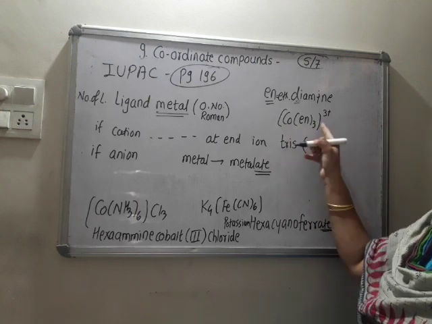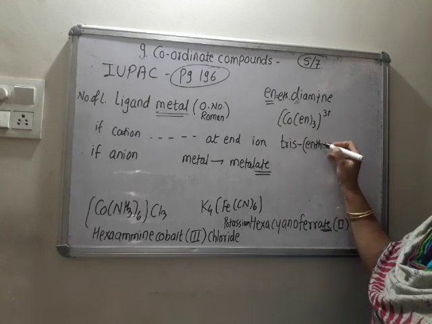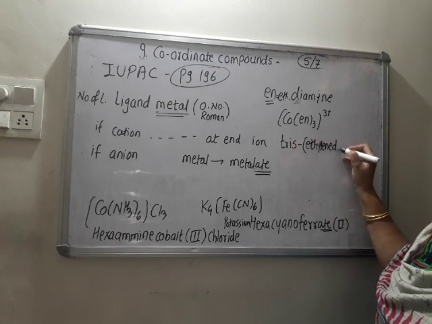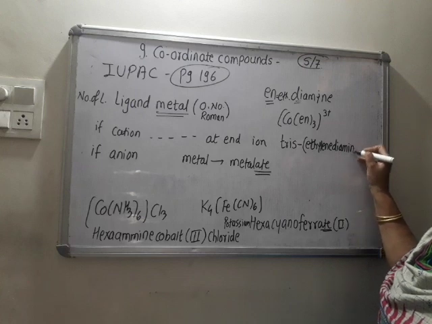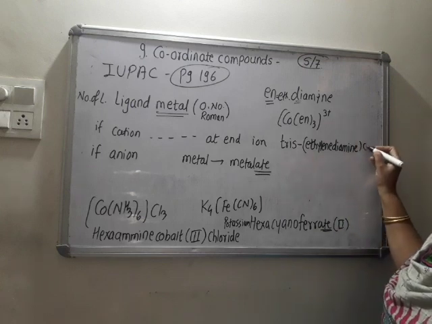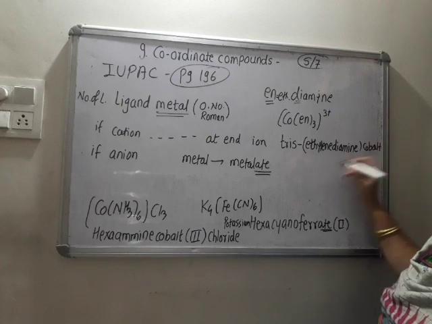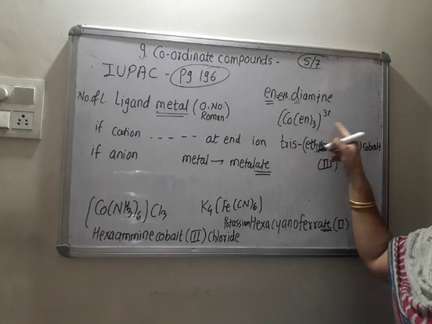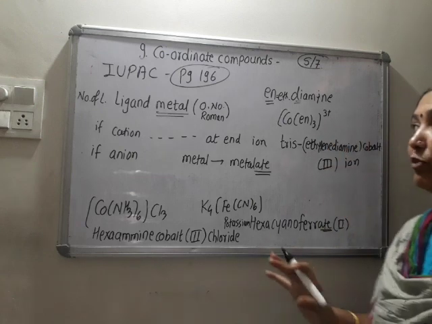Then in brackets you have to write its name: tris(ethylenediamine). Here not double M. Close the bracket. Then cobalt, in brackets 3, iron. There is no counter ion at the end. So here there will be iron.